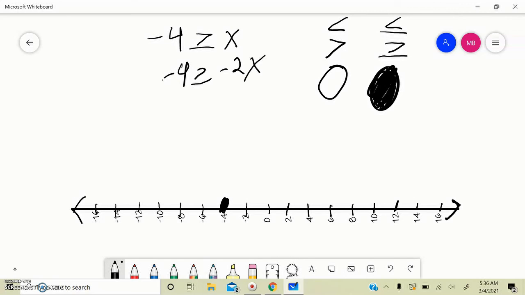No. Remember, as I get closer to 0, the bigger my number gets when I'm dealing with negative numbers. So, okay, negative 2 doesn't work. Let's try negative 6. Is negative 4 greater than or equal to negative 6?